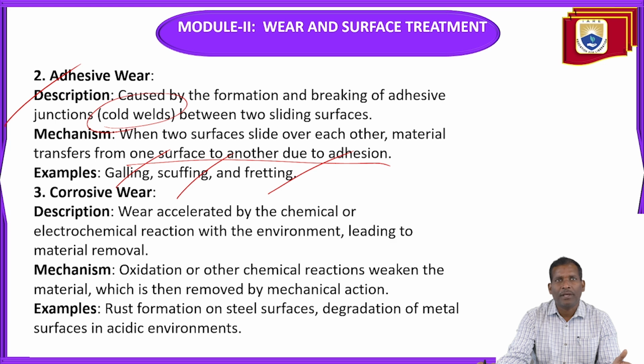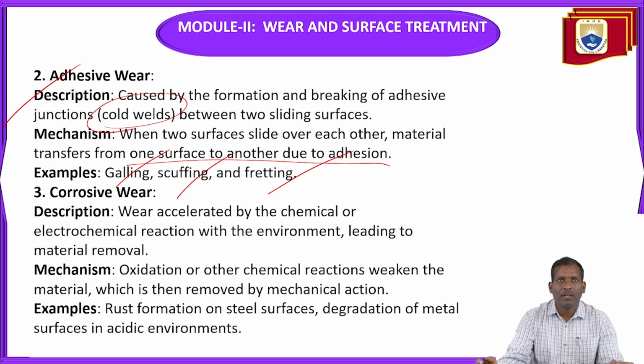The corrosive wear description: wear accelerated by chemical or electrochemical reactions with the environment, leading to material removal. This one is also a material removal process. The removal process means the wear; wear is nothing but some material being removed from the surface.